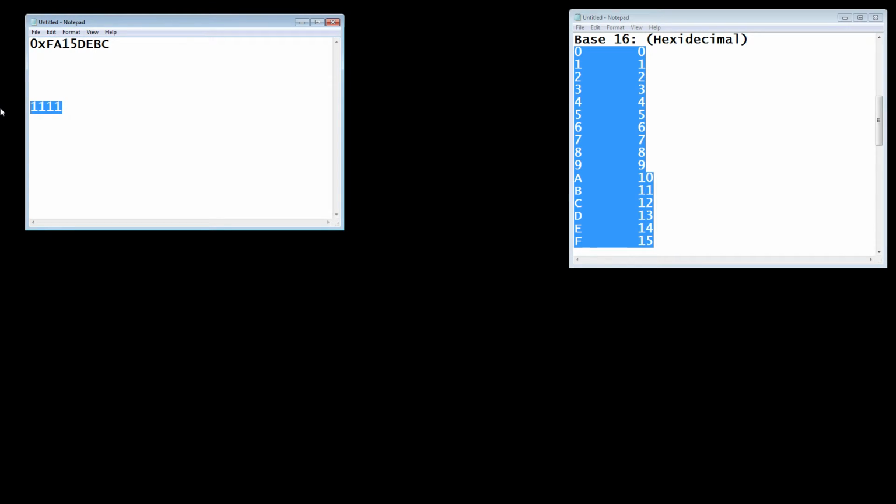We have a maximum of 15, but we add the 0 as a value, so we have 16 possible values. That means 4 bits, or a nibble, can hold one hexadecimal character. So this here is the same as this here. Moving right along, A is 10, so we have to write the hexadecimal format of 10.